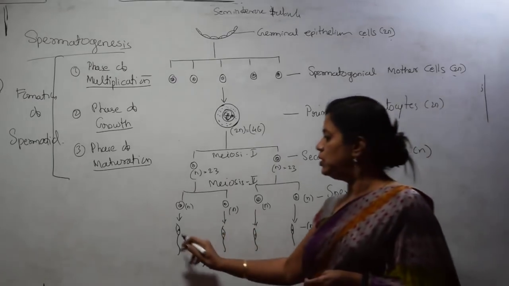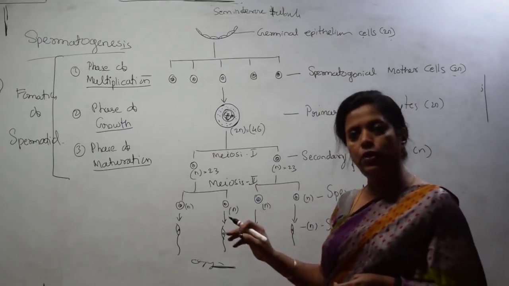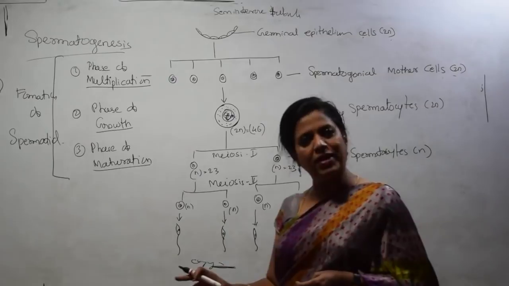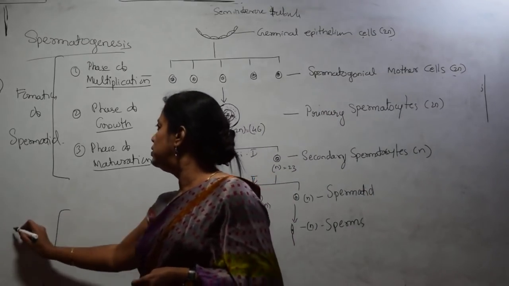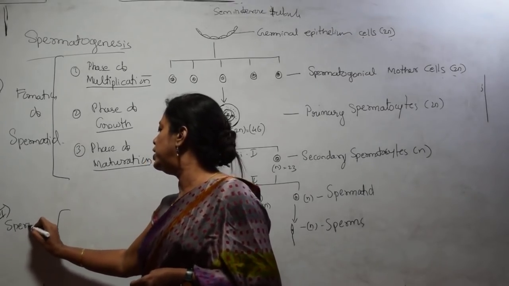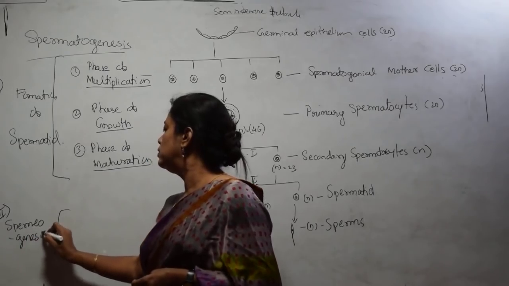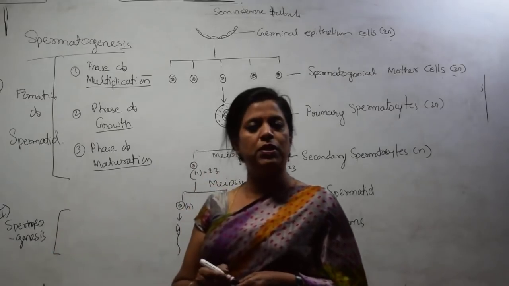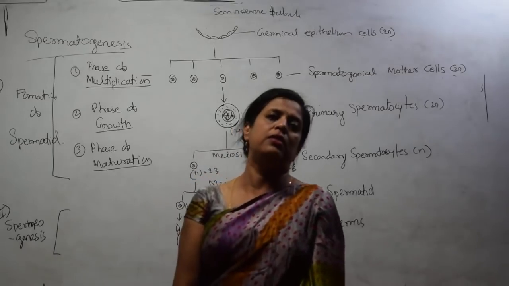This last process, where the circular spermatids convert into elongated, tadpole-shaped motile structures, we call the second phase: spermiogenesis, or spermateliosis. Remember, students, this can be another question.